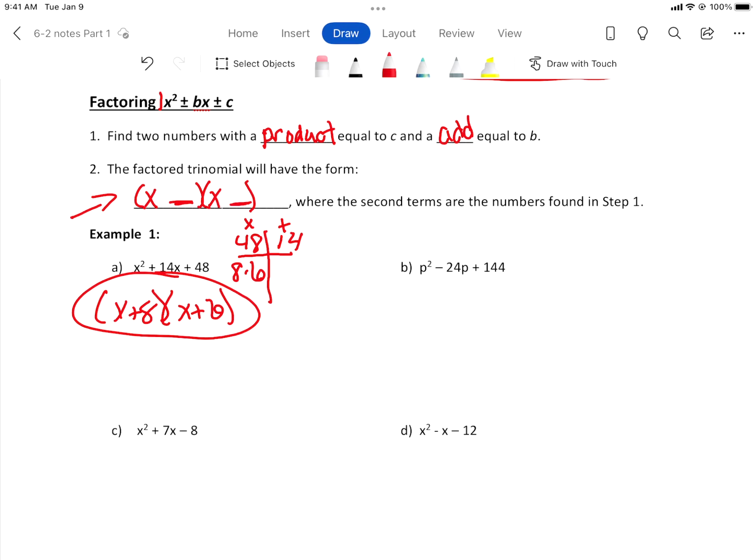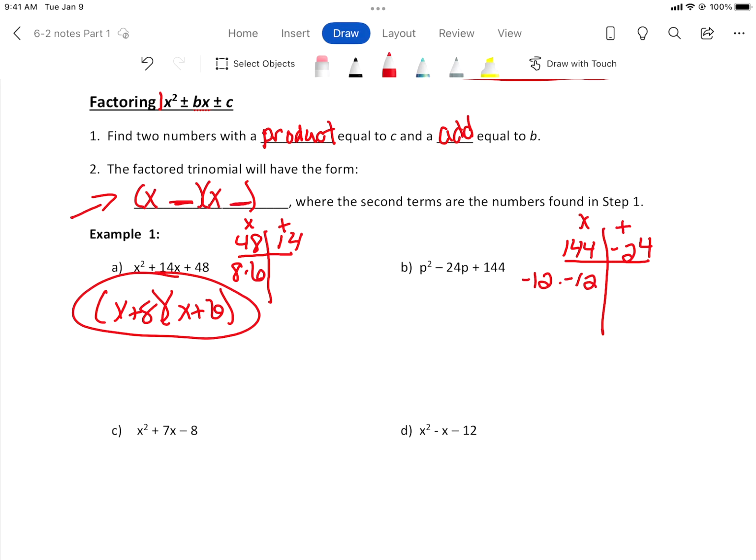Okay, part B over here, same thing. We need to multiply to get 144, and we need to add to get negative 24. So if I need to add to get a negative and multiply to get a positive, that means both my numbers need to be negative. So I heard out there negative 12 and negative 12.